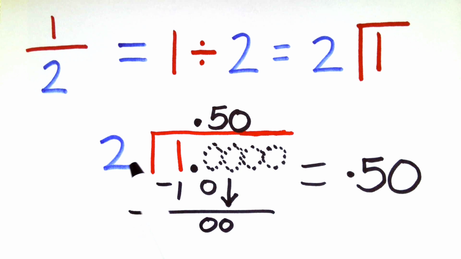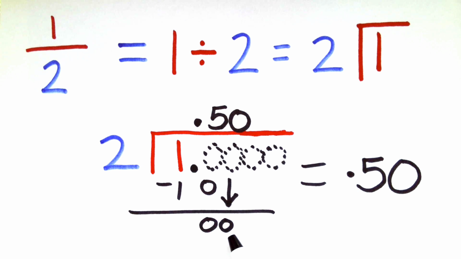So 2 times what number will get me 10? 2 times 5 is 10. So I put that 5 right above the value of 10, and it's to the right of that decimal. 2 times 5 is 10. That's the product. So I'm going to subtract the product, 10, from my target of 10. Well, 10 minus 10 is 0.